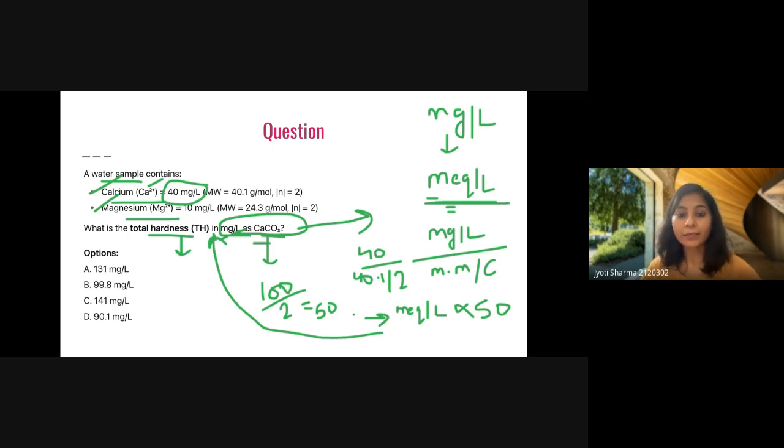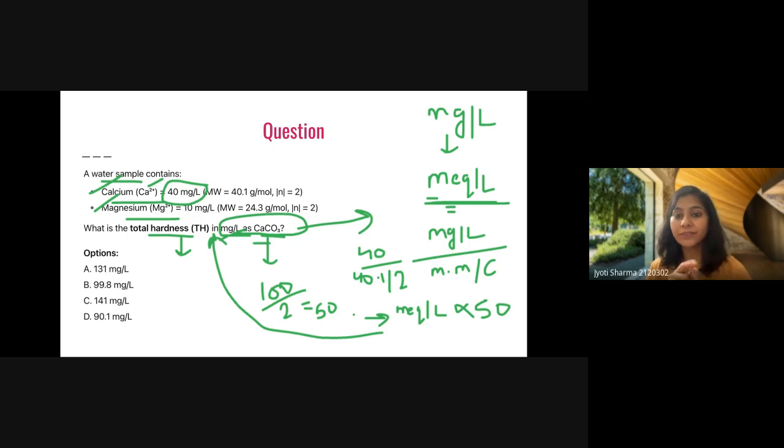Then we will have the value of calcium in mg per liter as CaCO3, and we will also have the value of magnesium in mg per liter as CaCO3. And whenever we add these two values, this will give you the total hardness.